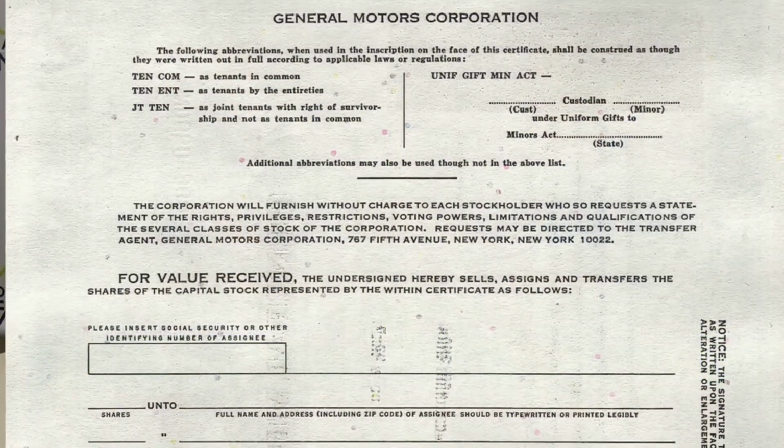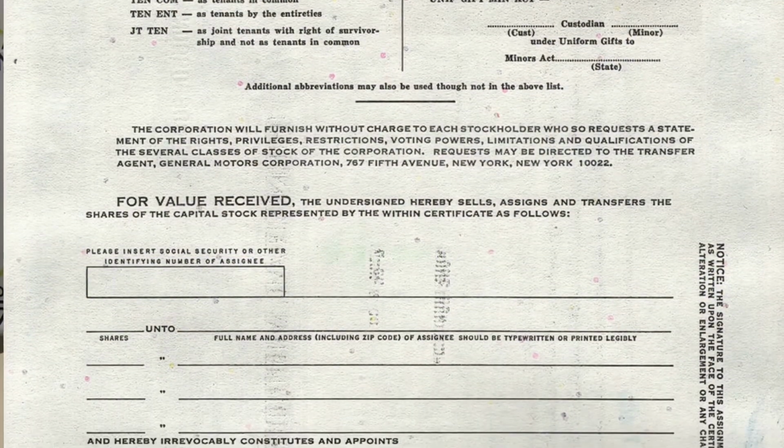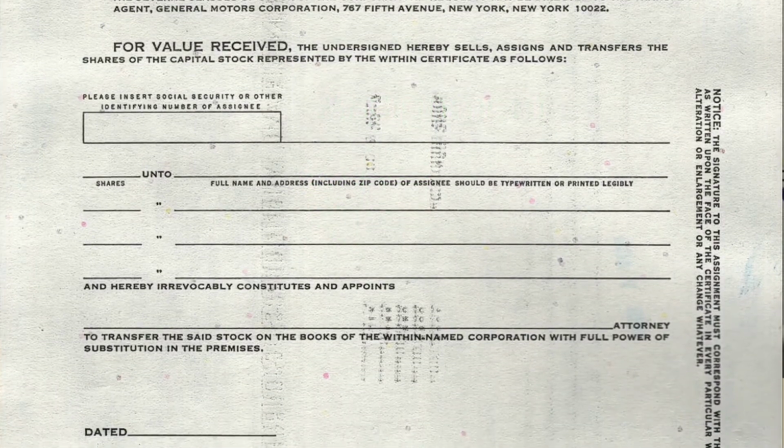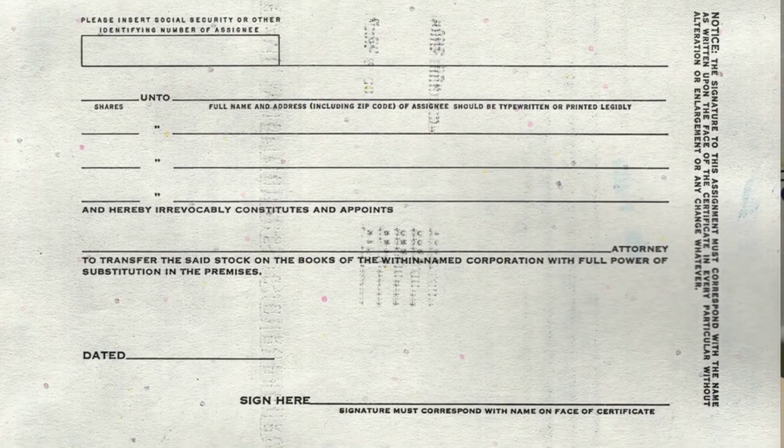On the back of these certificates, it's all pre-printed: for value received, you would identify yourself as the owner of the certificate and acknowledge the amount of money you received for it. You had the right to freely determine whatever value you wanted. You didn't have to go to an exchange.